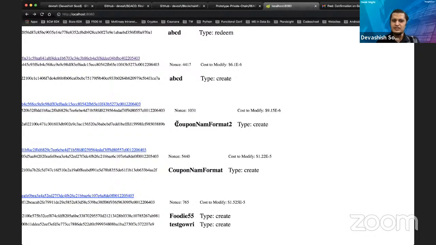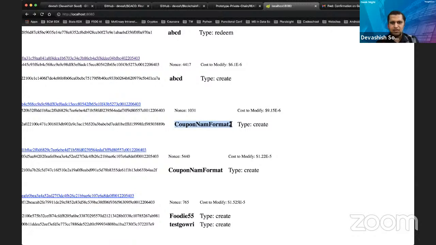So this company has created a legal contract known as a coupon. It has created the contract such that this is the coupon name, and we will be sharing this coupon name with our customers, and the first 1,000 people to use it will get a discount of 20%.